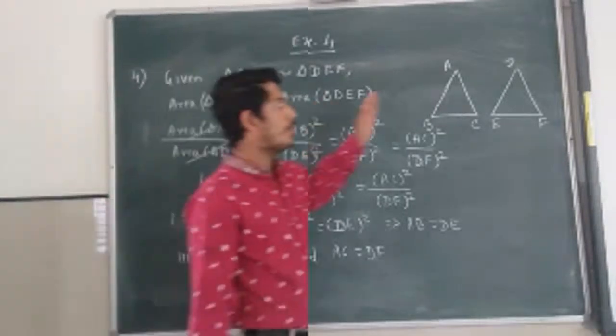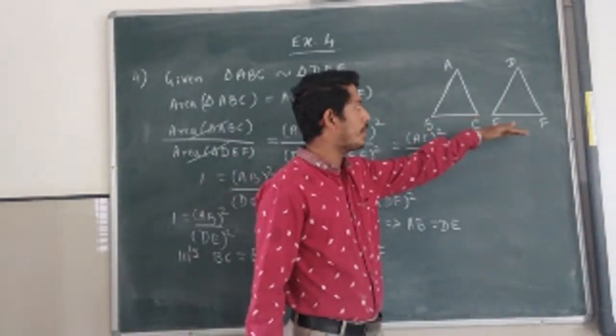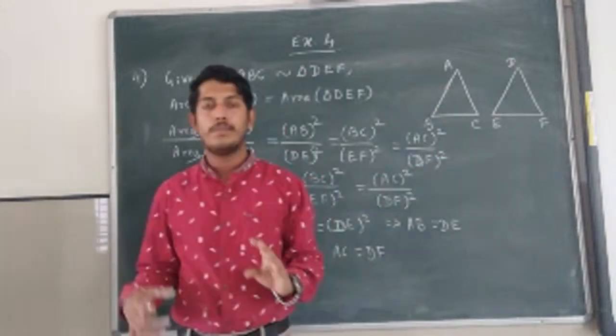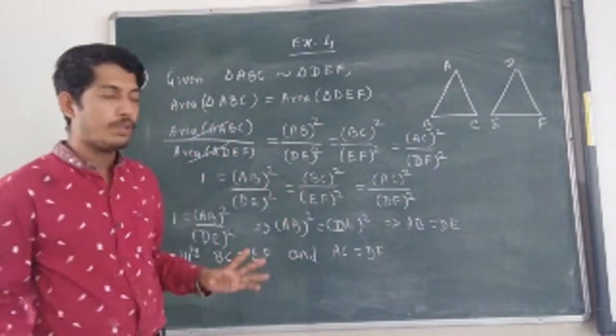So here AB equals DE, BC equals EF, AC equals DF. Therefore the three sides of the triangles are equal to each other.